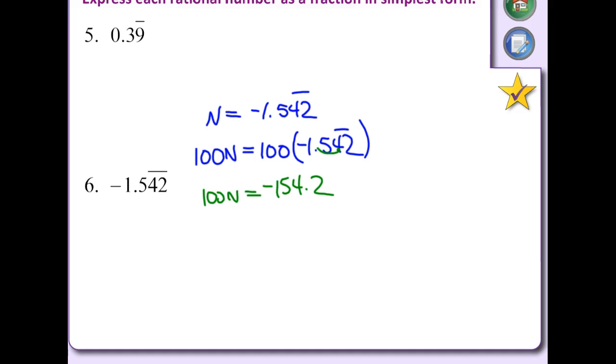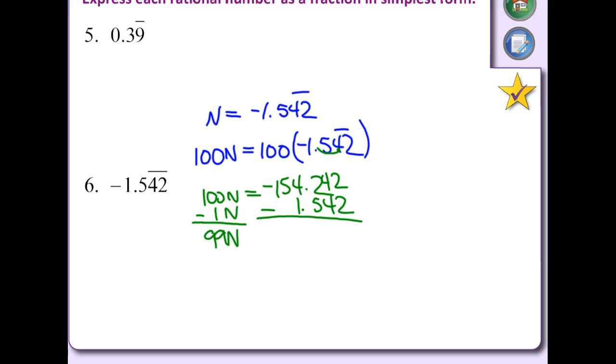Again, I subtract 1n from 100n to get my 99n, but what do I subtract on the other side? Well, we're going to subtract the original, negative 1.542. Now, unfortunately, both of these are negatives. If they're the same sign, we're going to add and put that sign. And we're going to have to repeat our 42 here because I need the same number of decimal places.